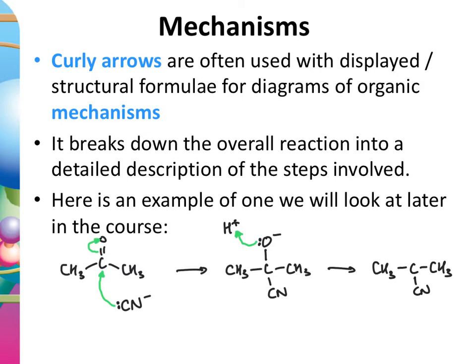So what the arrows have done is give us a much better understanding of how and why the reaction has taken place, what's actually happened. Like I say, that's the first time you've seen a mechanism. It's also a mechanism that we wouldn't look at in any detail until the end of year 12, but it's just to show you at this point the role that arrows can play in explaining what is happening in a reaction.